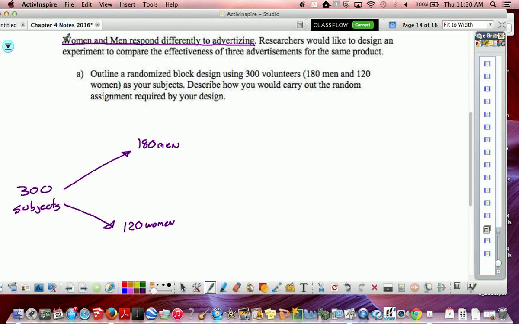Alright, so once you've done the blocking, then we need to do the random assignment. So up here, we have 3 advertisements. So what I have to do is take the men and do a random assignment to one of 3 groups.